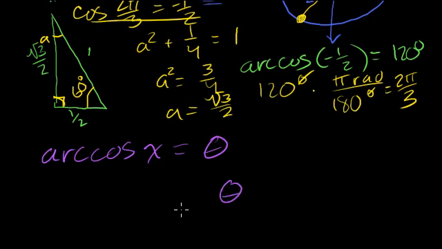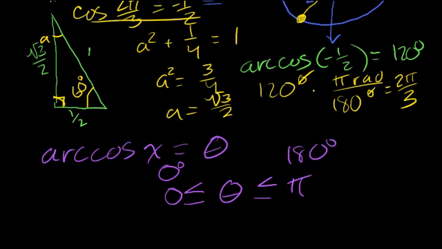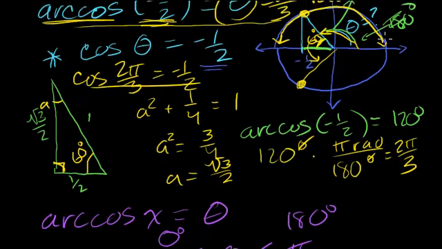So theta is going to be greater than or equal to 0 and less than or equal to, not 2 pi, less than or equal to pi, right? Or this is also 0 degrees or 180 degrees. We're restricting ourselves to this part of the hemisphere right there.